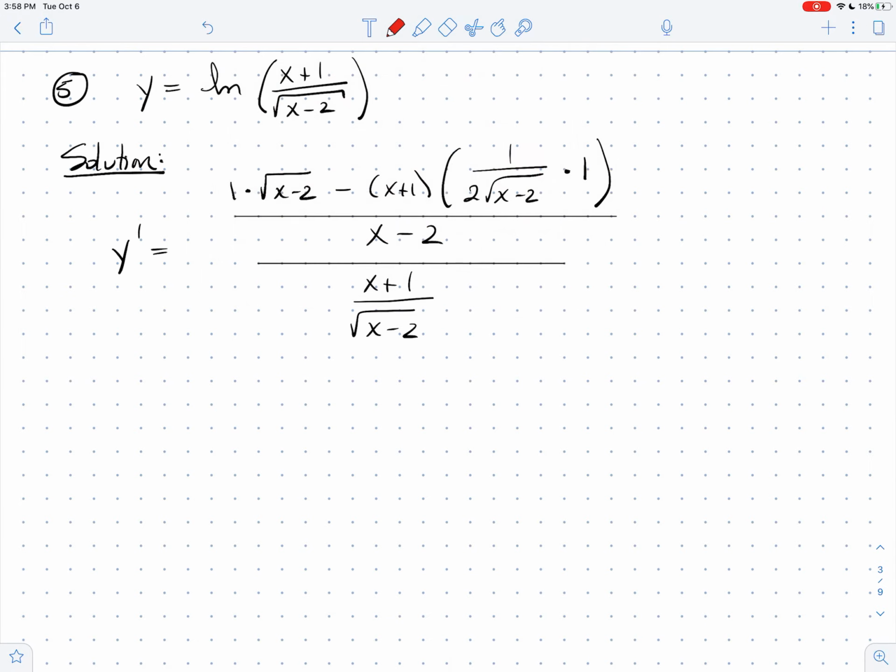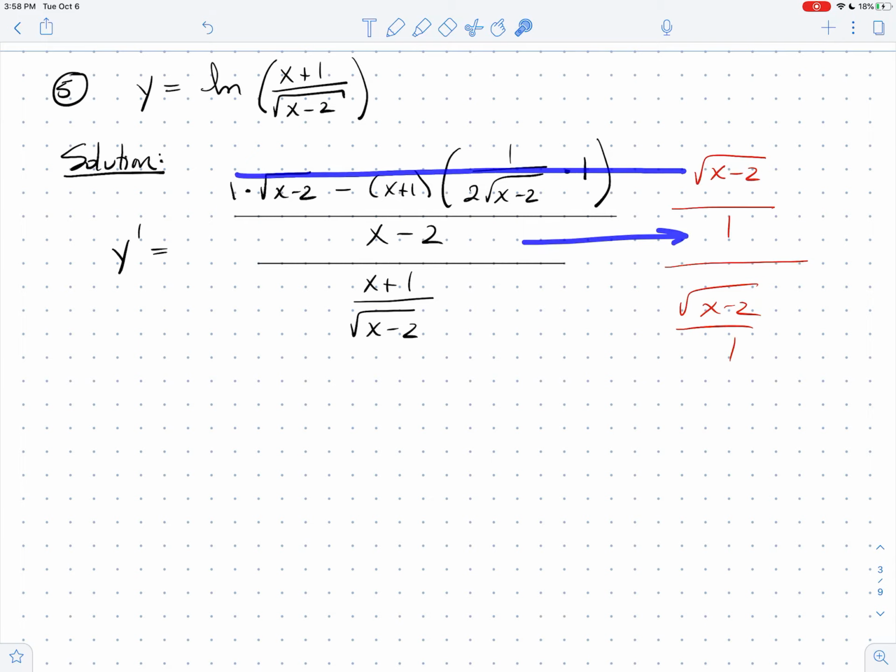I'm going to multiply the top line by x minus 2, and I'm also going to multiply the bottom line by, let's say, x minus 2 over 1, and then I'm going to go over x minus 2 over 1. Okay? So that's what's happening here. You can think about it like this if that's helpful to you. So the 1 is going downstairs and x minus 2 is across the top.